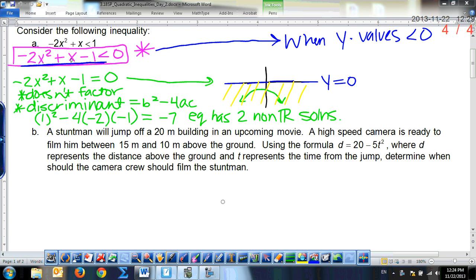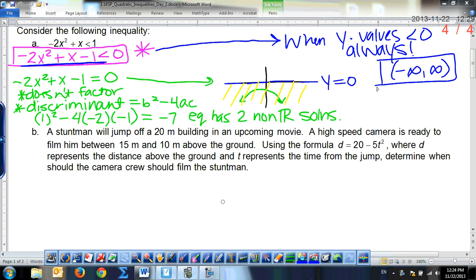So every single x value that I plug in, since this happens always, makes this inequality true. So what do you think my answer is? All real numbers. Good. Questions about that?